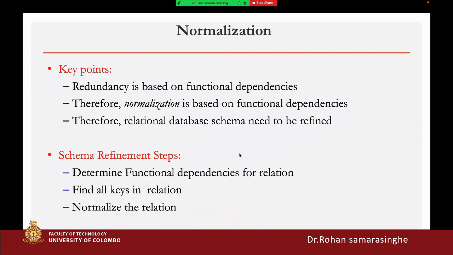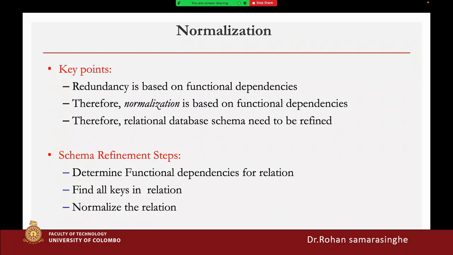So normalization, actually, here are the key points to conclude this lesson. First of all, redundancy is based on functional dependencies, and therefore normalization is based on functional dependencies. Understand very well, redundancy is based on functional dependencies.